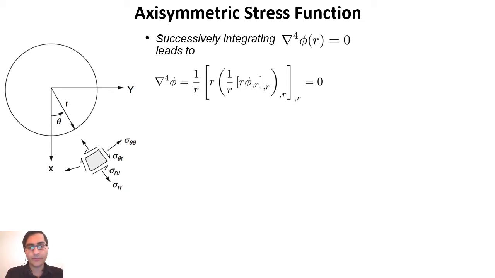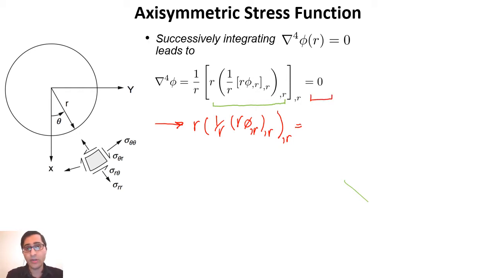Let's start with the first integral. We're going to keep whatever is inside here, and you're going to have (1/r)φ,r, r here, and for the other side it's 0, so the integration with respect to r gives us a constant, c1.